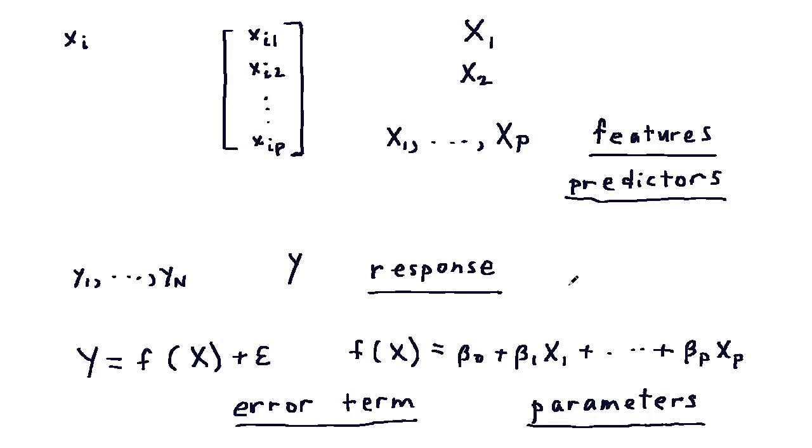Okay, now we don't know the values of beta 0 through beta p. However, we can use the training data to approximate the values of beta 0 through beta p.